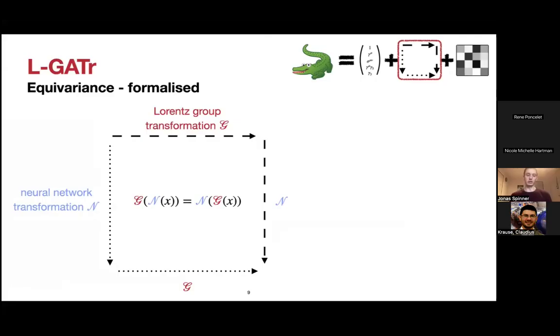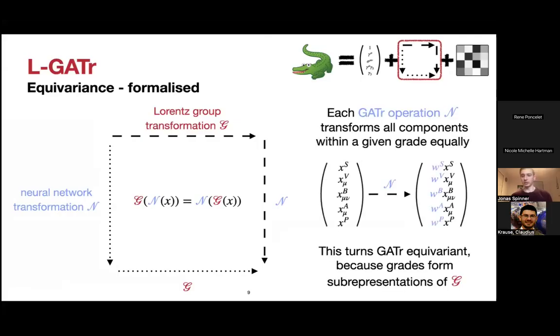So if you first do the neural network and then the Lorentz group, this is the lower path in this diagram, then you get the same output as if you, based on some four-momentum as an input, first do the Lorentz transformation and afterwards the neural network. And the way we do this in the GATr architecture is that we impose that each GATr operation transforms all the components within a given grade equally. So for instance, there could be one learnable coefficient in front of each grade.